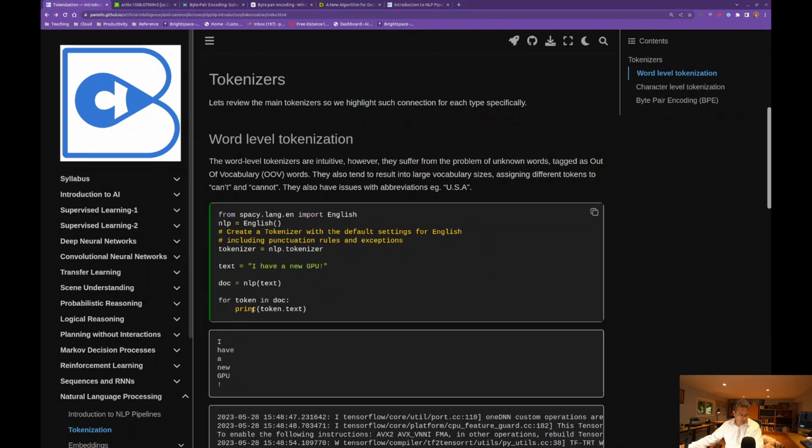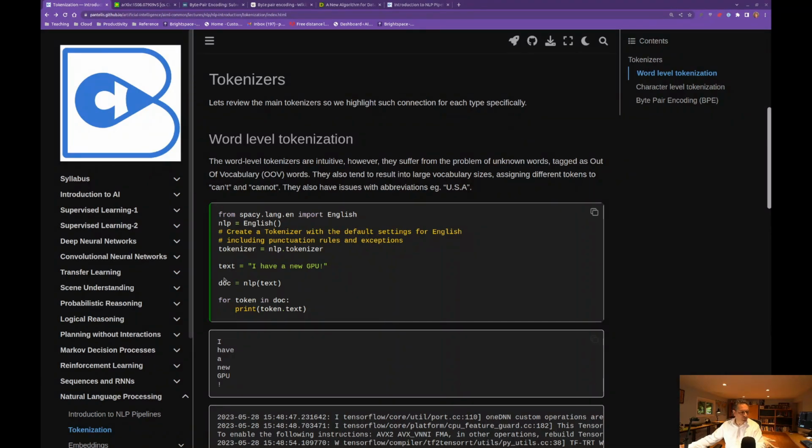We are able to print each of the tokens. We have 1, 2, 3, 4, 5, 6 tokens in this case, and then basically we are done. Every token is going to be further processed by our pipeline, and as we will see later, the next processing stage is that of the embedding. So every token will at some point result in a vector.